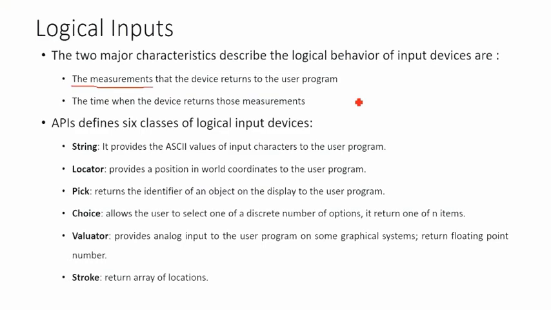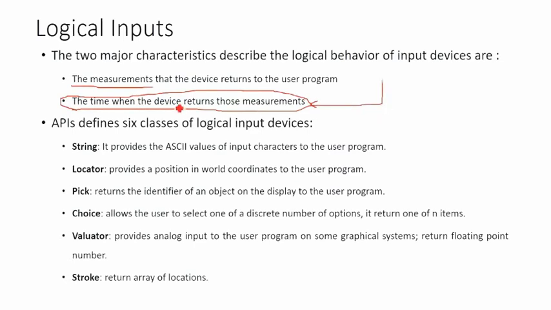And the second thing is the time when the device returns the measure. When do you capture the mouse position? When you click, or when you release the button? We also call this a trigger, the time when the device returns the measurement.